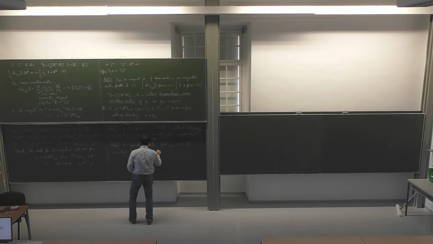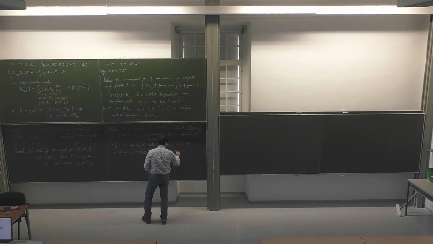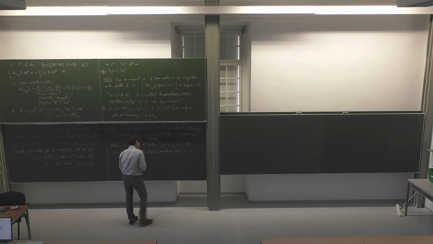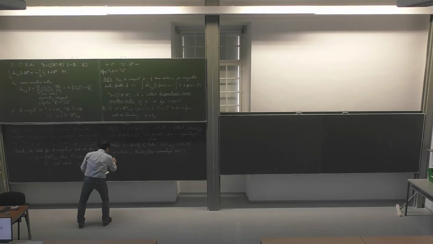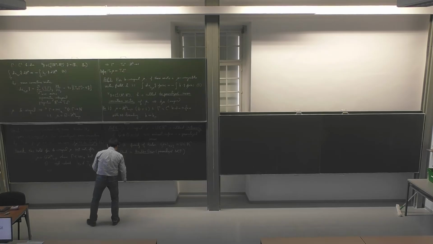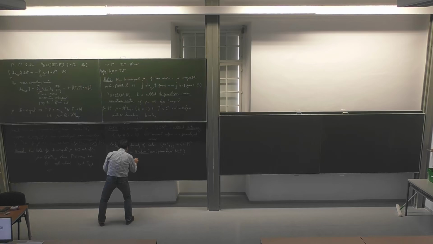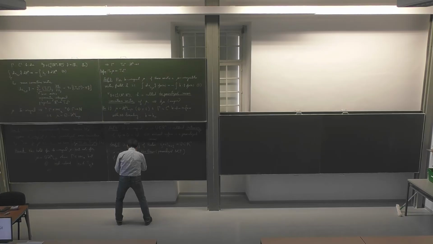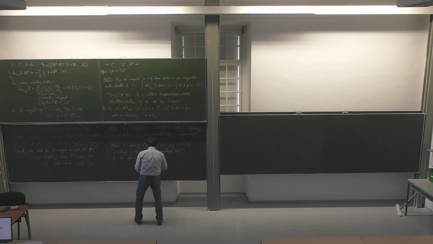Or you might say generalized mean curvature flow, if the following 4 things are true. You can ask for more if you like, but at least one may require these 4. A: for almost all time, I ask mu t to be rectifiable, that is, k integral.